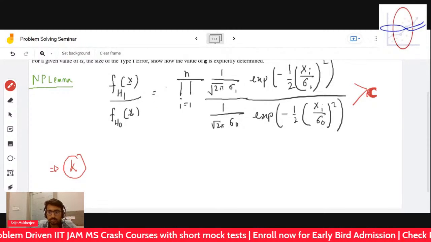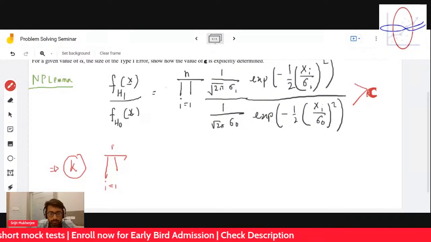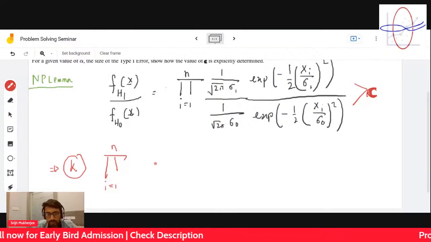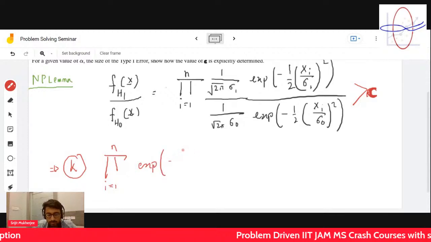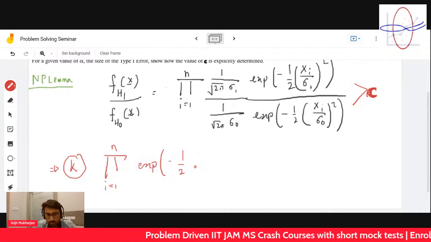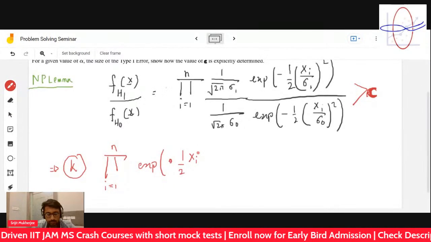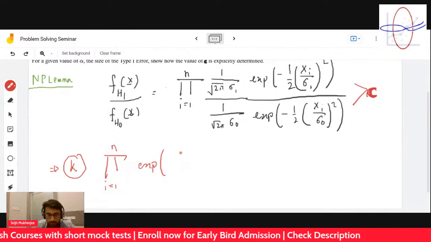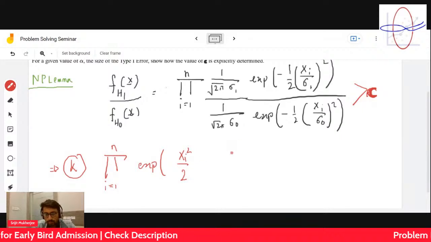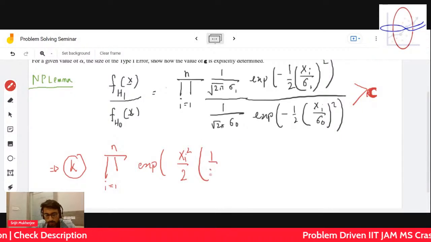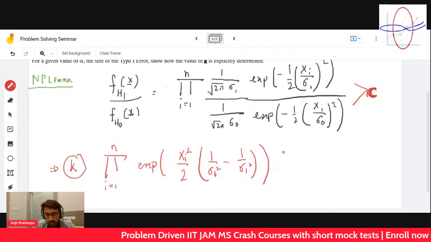And it's the product over i from 1 to n, and this term will be constant, so it's exponential of half xi square, so we can do xi square by 2. Here you have this constant, 1 by sigma naught square minus 1 by sigma 1 square, right? It's greater than some c.